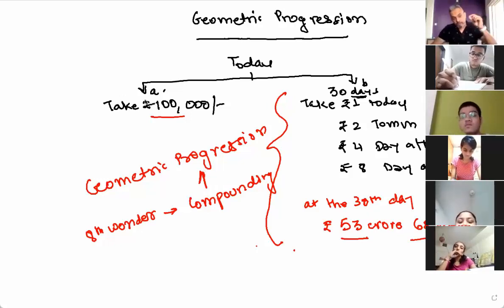So you can see कि 1 rupee, फिर 2 rupees, फिर 4 rupees, फिर 8 rupees. देखने में तो ऐसा लग रहा है कितने कम रुपए हैं, but 30th day पे it becomes 53 crore rupees, 53.68 crore rupees. So this is what geometric progression is all about.